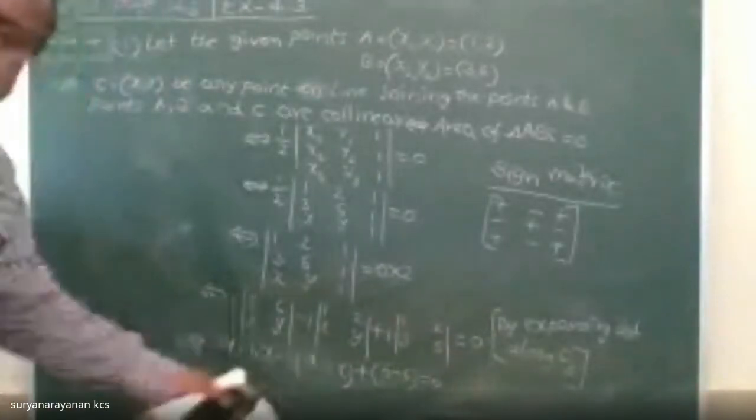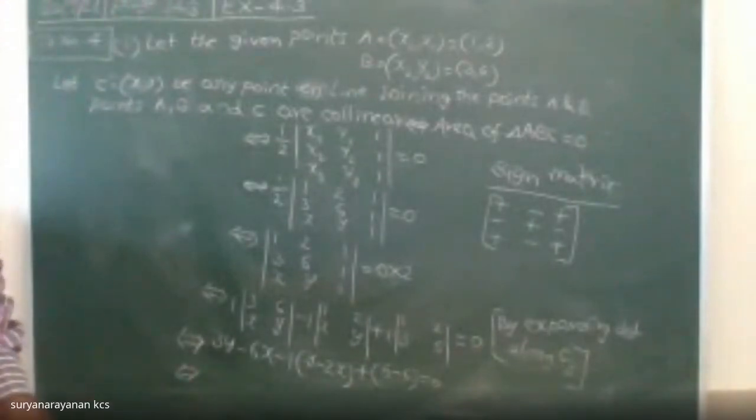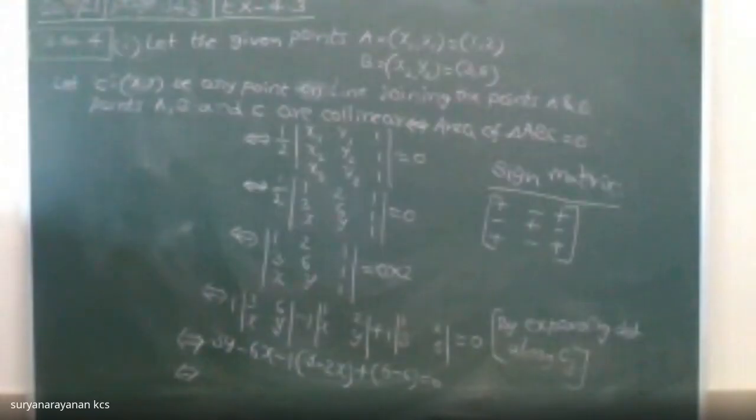Are you finding the equation of the line? Simplify the last line. Sir, is it 2y minus 4x equal to 0, sir?